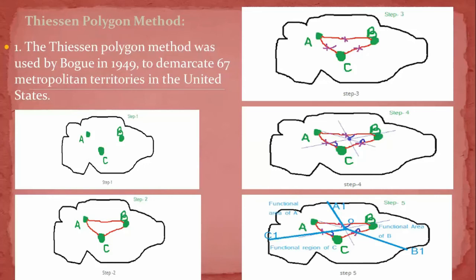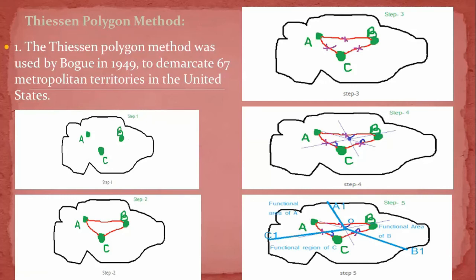Now the next is the Thiessen polygon method. This is a very important method. In Thiessen polygon, supposing this is the boundary of a region, we need to find out the functional areas in this region.